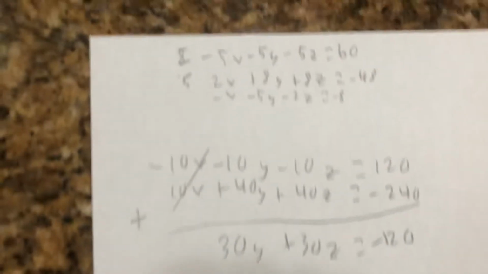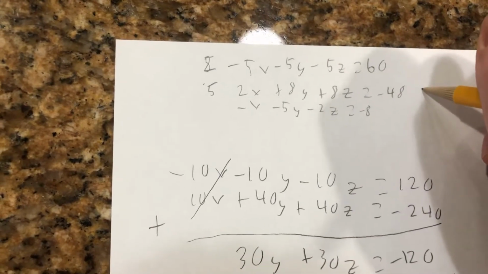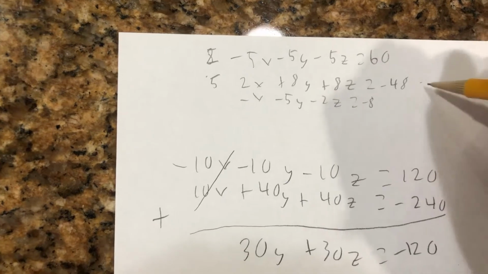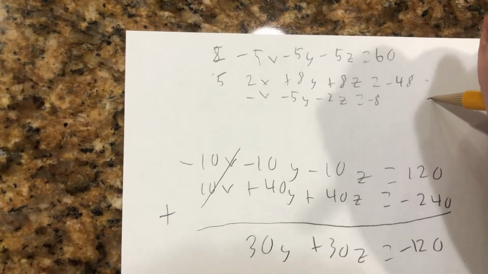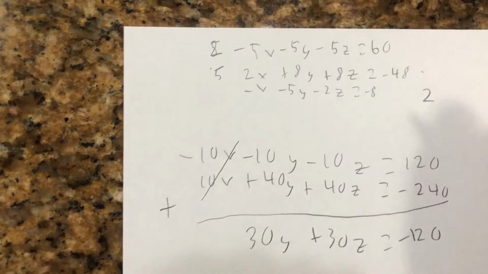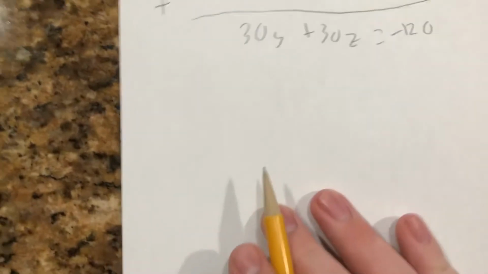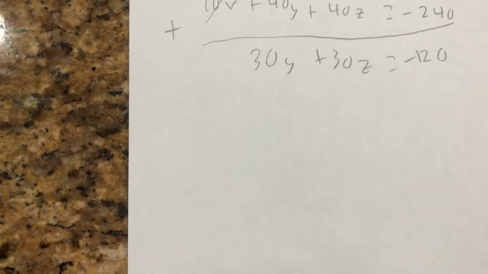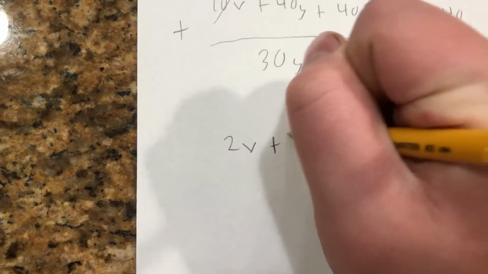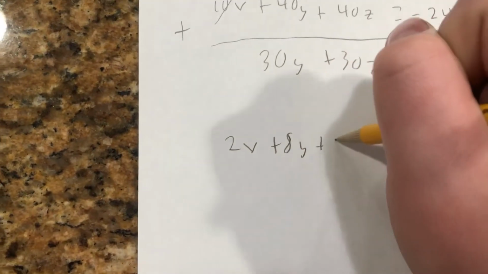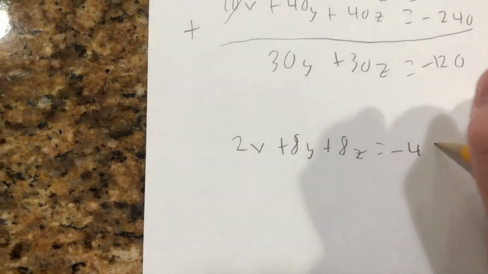We will next choose another two sets of variables, and I will choose these last two right here. And we will do the scaling part now, which I will put a 2 there. So we will rewrite this equation. 2x plus 8y plus 8z equals negative 48.